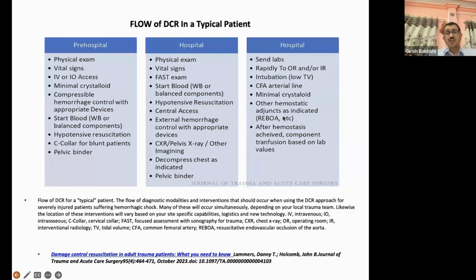If the aorta is bleeding somewhere, what you can do is endovascular balloon occlusion of the aorta. We go to the femoral artery, go into the aorta, and inflate a balloon before where it is leaking, so that there is no leak from the abdominal aortic injury.